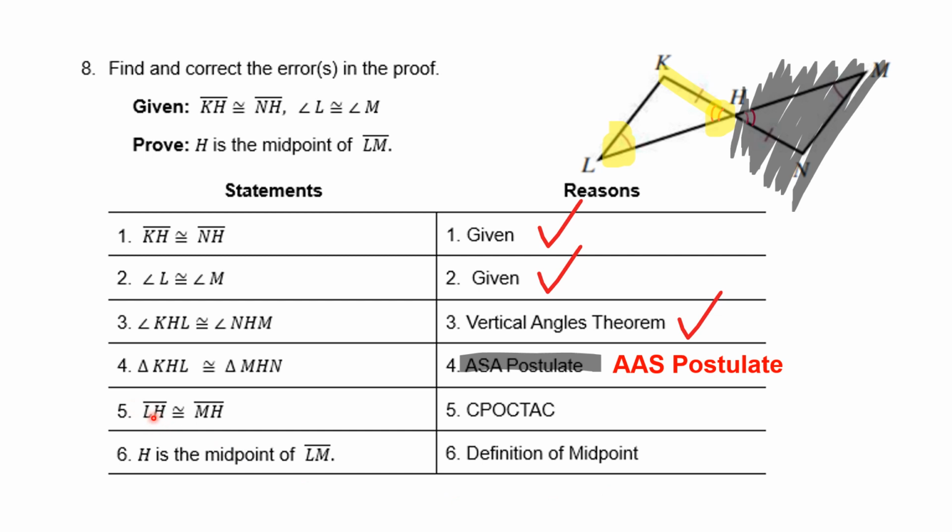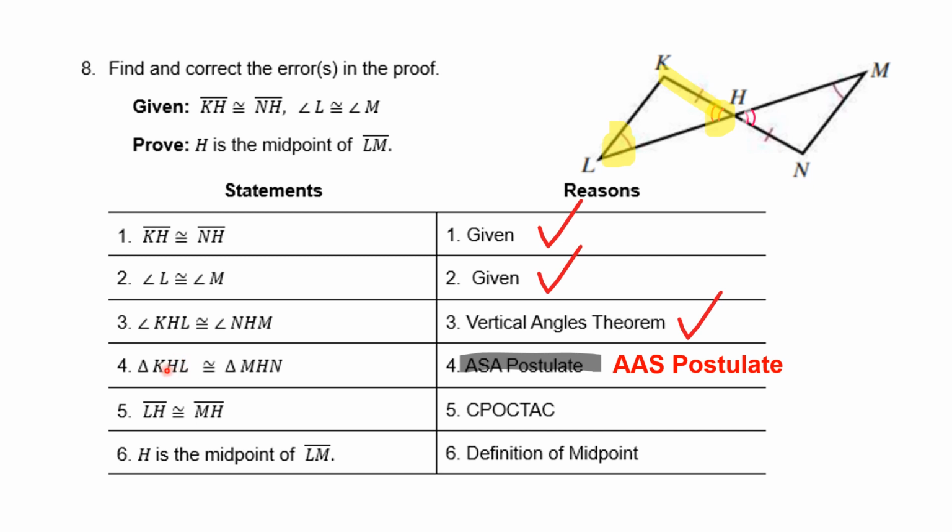It says, now using CPCTC, they are proving that line segment LH is congruent to line segment MH. Let's make sure that those match up. I'm just looking at the order that they're written in the name.